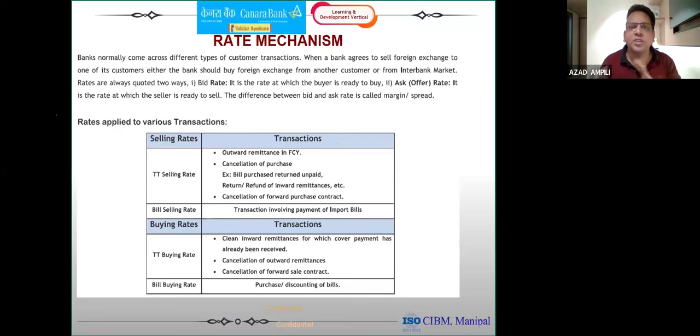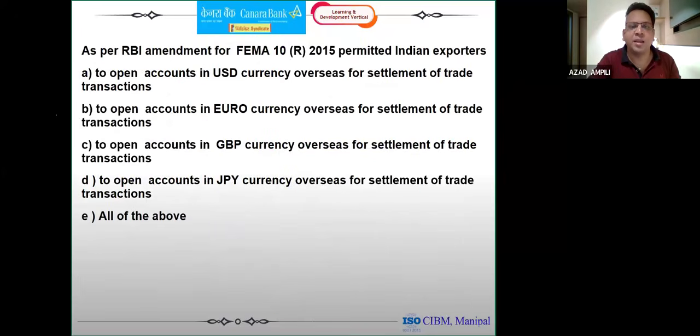In every exchange of currency, someone will buy, someone will sell. But to name the transaction, we should always think from the banker's point of view only. If the banker is buying, it's a purchase transaction. If the banker is selling, it is a sale transaction. I have given some examples. Based on this logic, you can answer any kind of question in the exam.